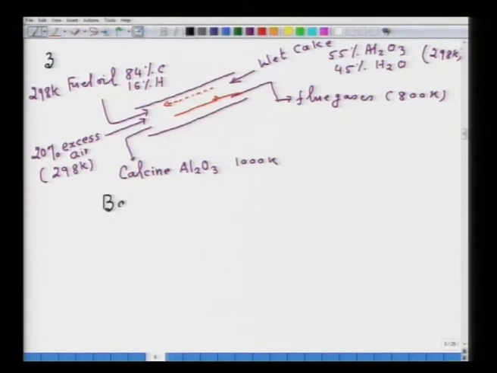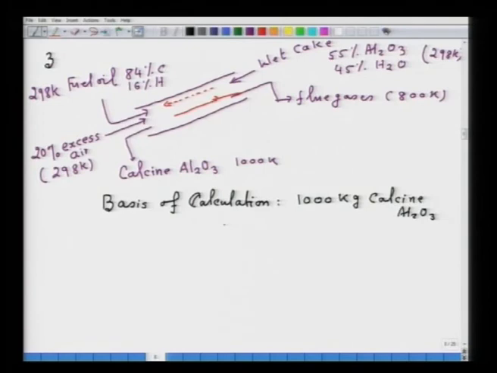So, the basis of calculation is 1000 kg calcine Al2O3.